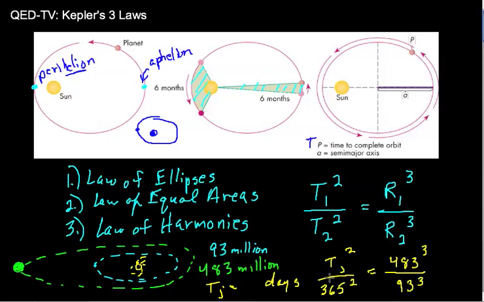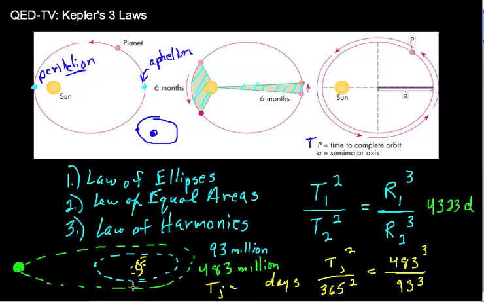So we take 365 squared times 483 cubed and divide that by 93 cubed. And then we're going to take the square root of that answer so that we can get the period of Jupiter. If you put that in your calculator real quick, you'll be able to validate this answer is correct. It'd be 4,323 Earth days it takes for Jupiter to get all the way around.